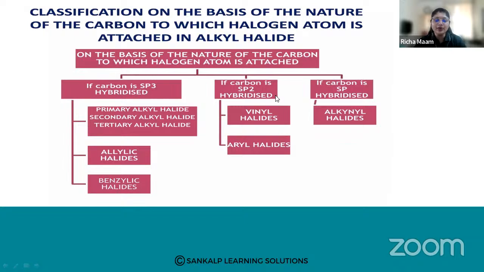So whether the carbon is sp3 hybridized. Now suppose I have a halogen atom. I'll write it beside that, then it will be clearer. I'll take this color.